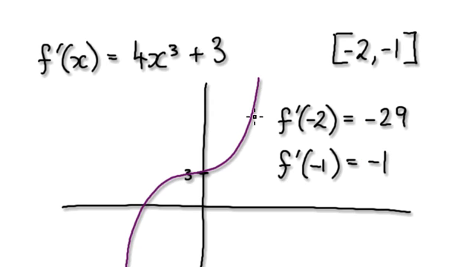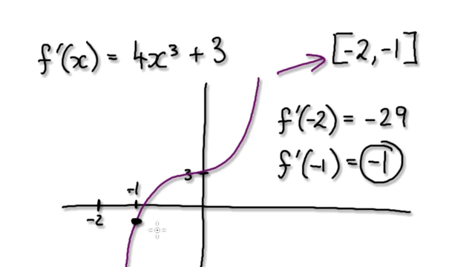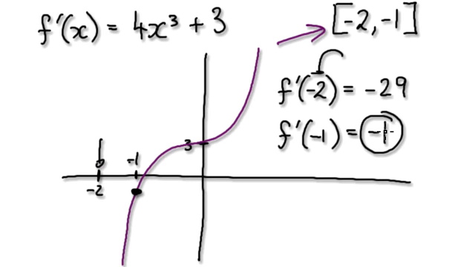So in this interval, say -2 here and -1 here, when x is -1, this will be -1, and when x is -2, this is all the way down here, -29.